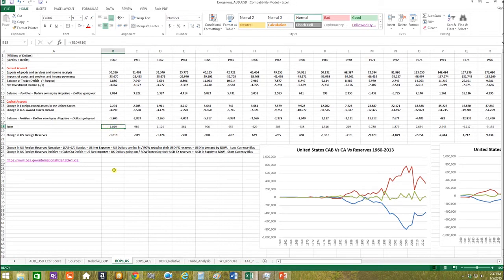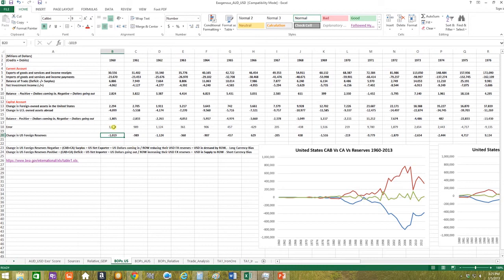Then in the US's own accounts, this number of US dollars has gone up in proportion to foreign reserves within the United States. So the holdings of US foreign reserves have fallen by this amount in proportion to US dollars coming in. So the balancing item basically represents the change in value of US foreign reserves and is the opposite of the error between the current account balance and the capital account.